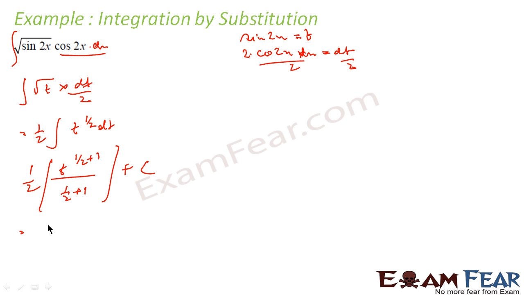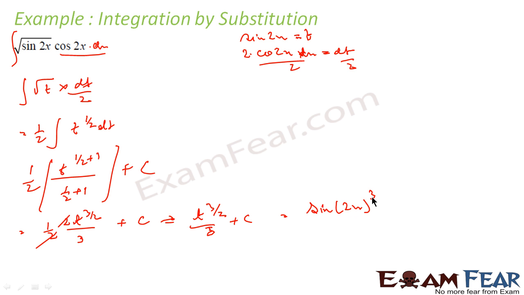This is nothing but 1 by 2 into t to the power 3 by 2 by 3 by 2, so 2 will come here, this gets cancelled, plus that is nothing but t to the power 3 by 2 by 3 plus c. What is t? t is nothing but sin 2x. So this becomes sin 2x to the power 3 by 2 by 3 plus the constant, and that is my answer. Correct? Because t is this.